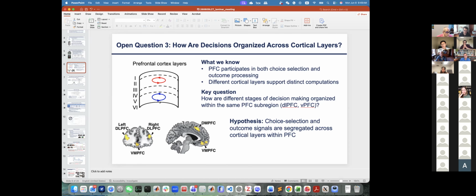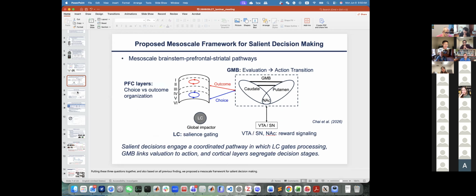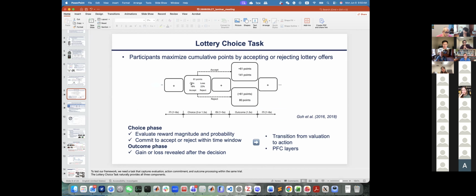For the stake value and the action selection, we cannot separate them. We consider the choice selection as the same decision-making phase, because during our task the choice phase includes both evaluation and action selection. We cannot really separate them because the time interval is a few seconds. That's why. That makes sense. Thank you.